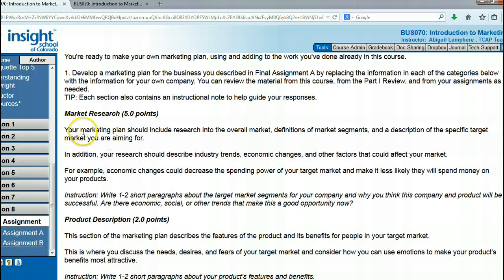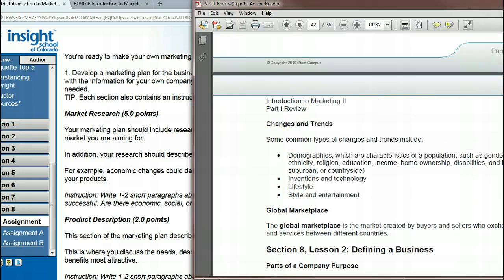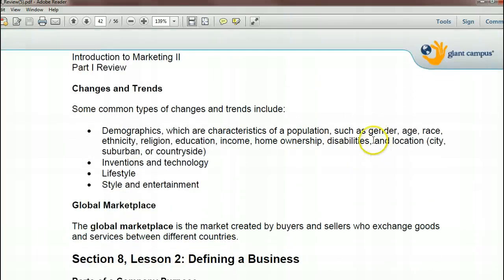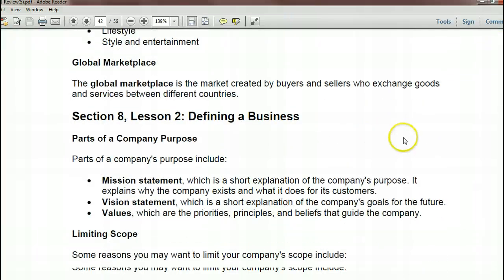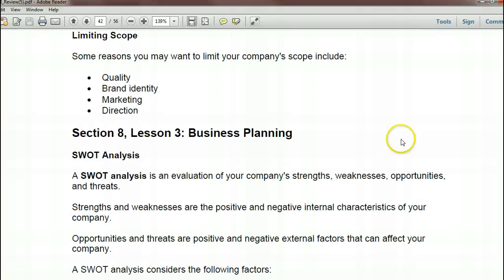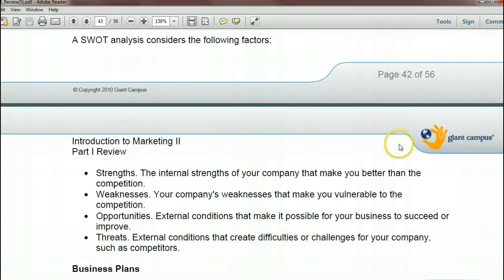For the market research, your marketing plan should include research into the overall market, definitions of market segments, and a description of the specific target market you are aiming for. If some of those terms that we learned about back in the first part of this course aren't ringing a bell, go to this review and you'll find some good descriptions of them.